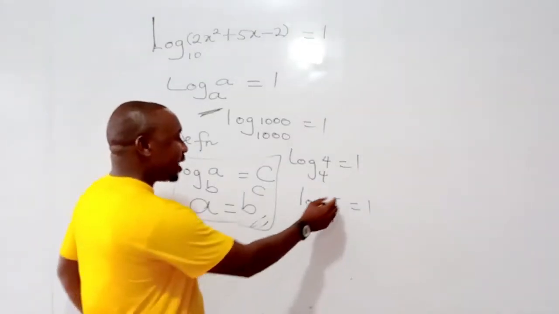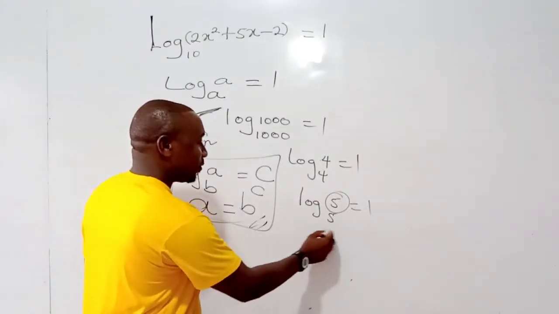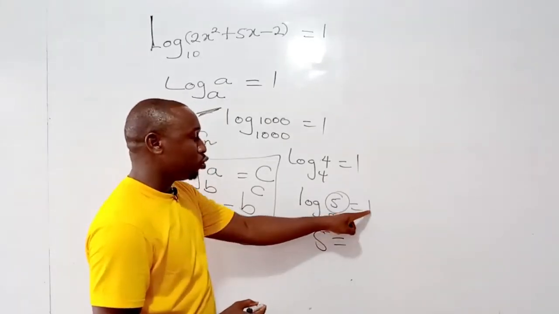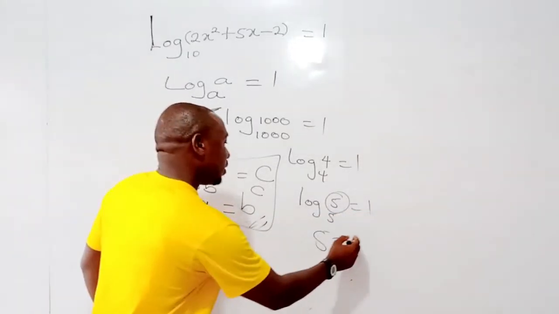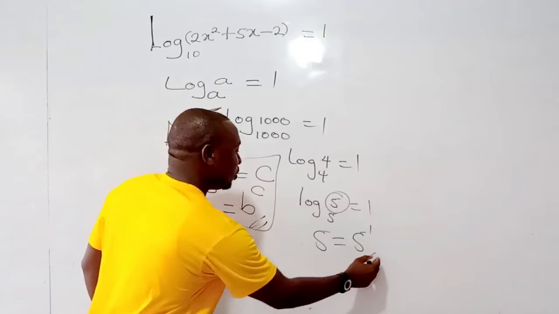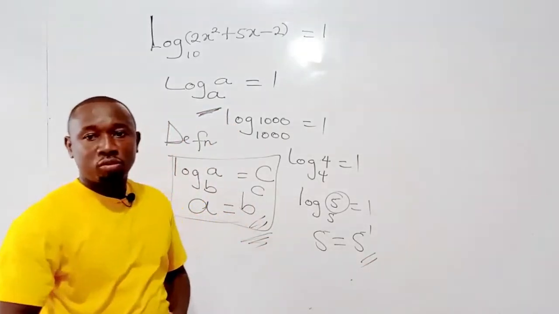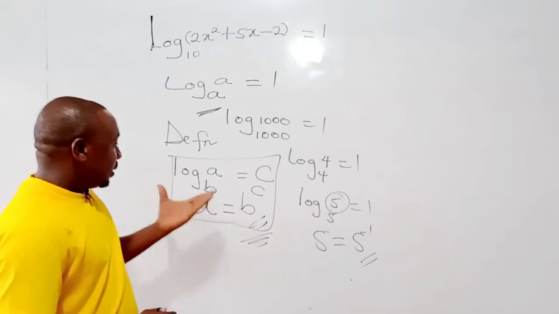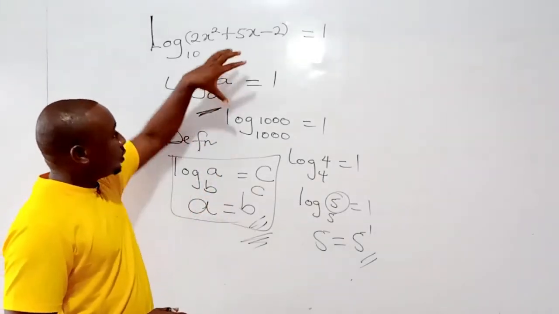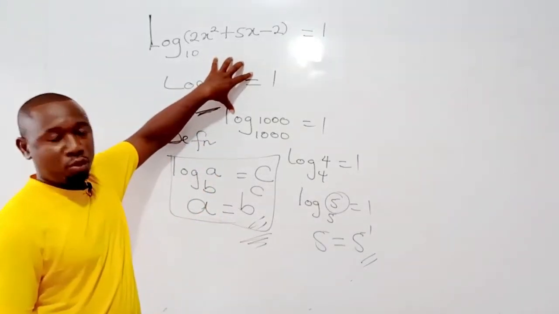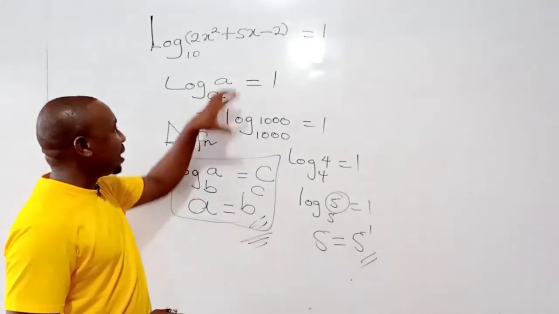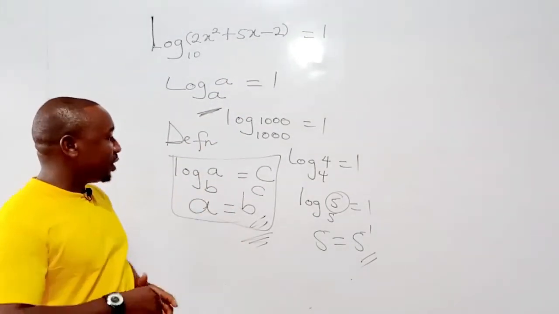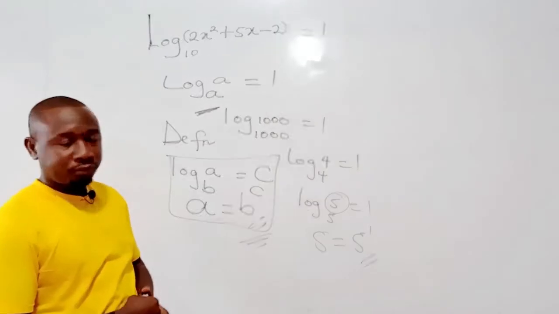It says that the value here, which is 5, is equal to the base to the power c, which is 5 to the power 1, which makes the definition true. This is the definition. This is the property you know. And by applying the property, we can see that it has a link with the definition of logarithm.